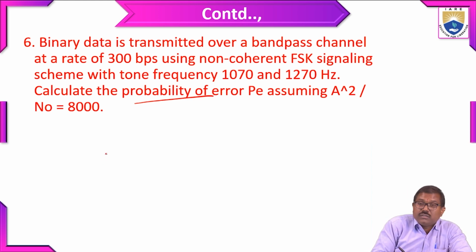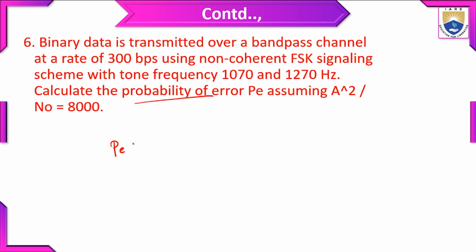So first you go to write the required formula and the given data. Then you are going to solve. So P is equal to 1 by 2 exponential of minus EB by 2 N naught. So this is my probability of error.